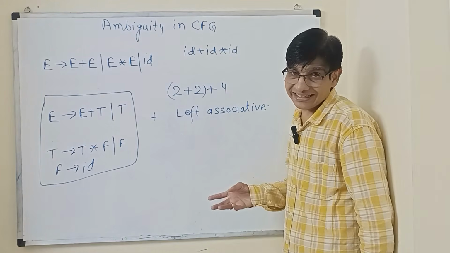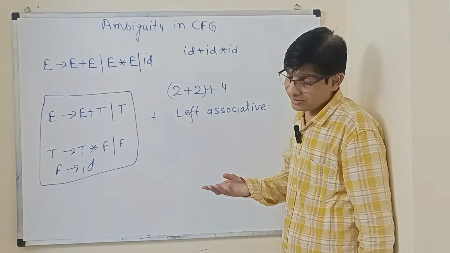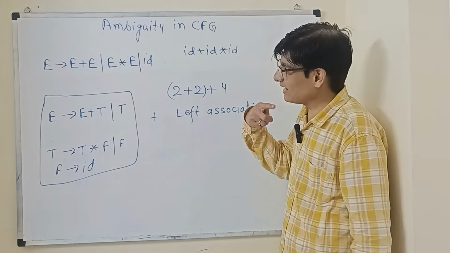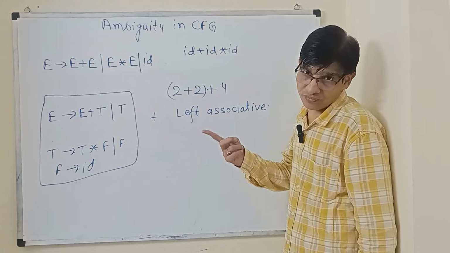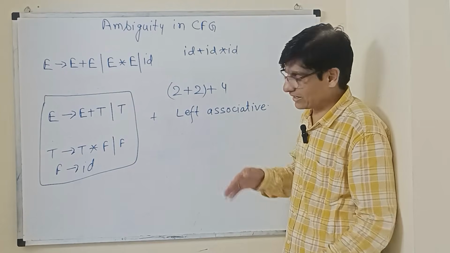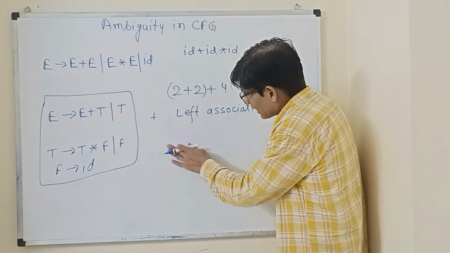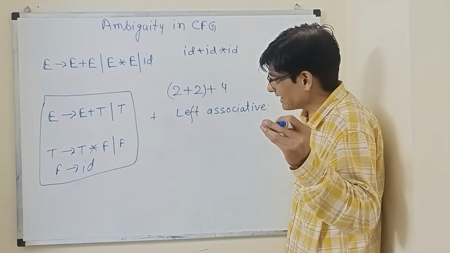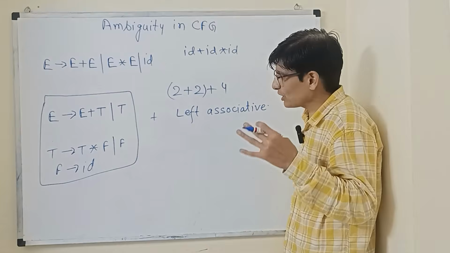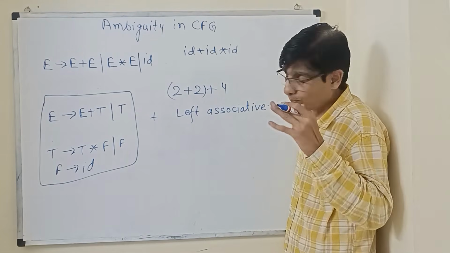If your operator is right associative, then we replace the left occurrence of the variable with another variable. Now, what is an example of a right associative operator?